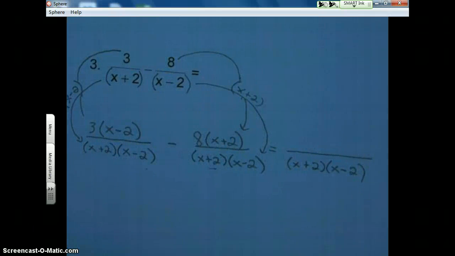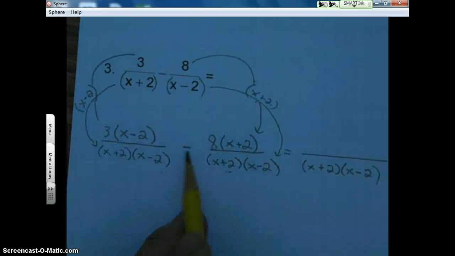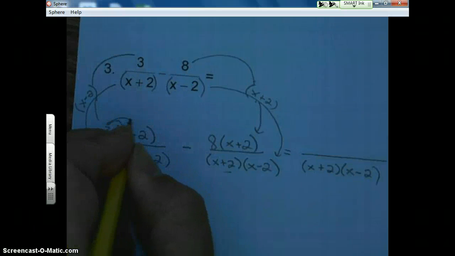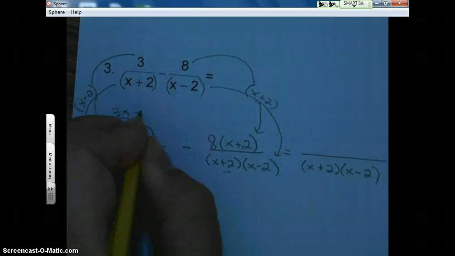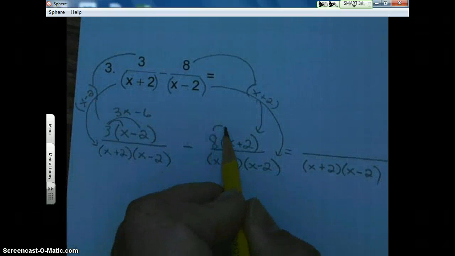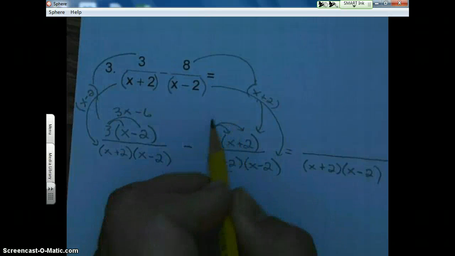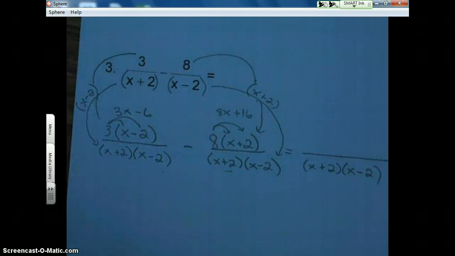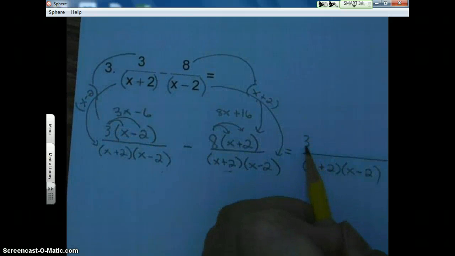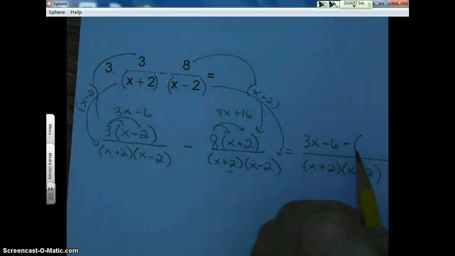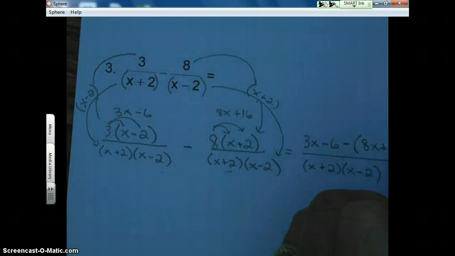Now at this point, since we're combining, I'm going to go ahead and distribute this here. 3x minus 6. I'm going to go ahead and distribute the 8, so 8x plus 16. Okay, so we're going to have 3x minus 6 minus, we're subtracting this group, 8x plus 16.